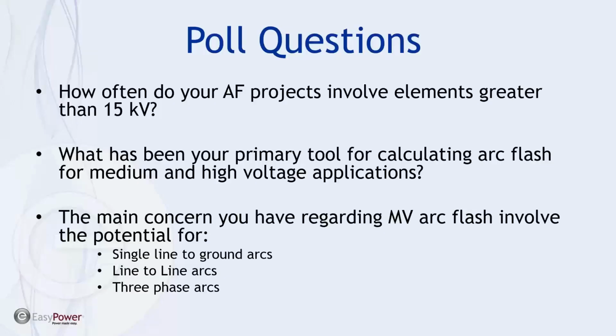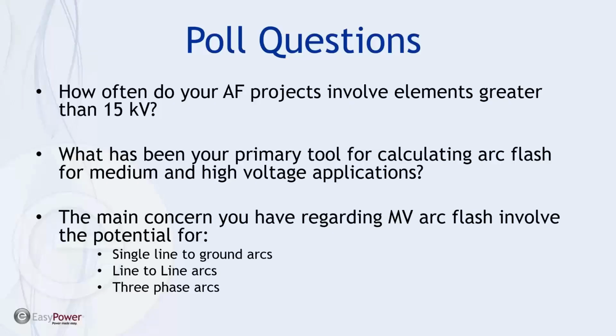And then finally, what's your main concern when we're talking about high voltage arc flash based upon the number of powered phases or powered cables that you have exposure to? This, again, is the area where there's a fair amount of, I don't want to call it disconnect, but it's difficult to follow the train of thought based upon where we're talking about it.